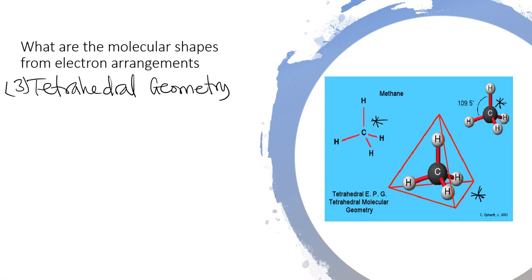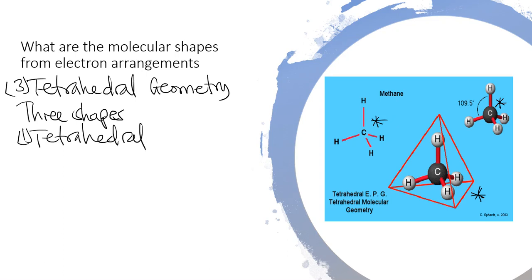Tetrahedral geometry is going to give you three shapes. So the first shape is tetrahedral.